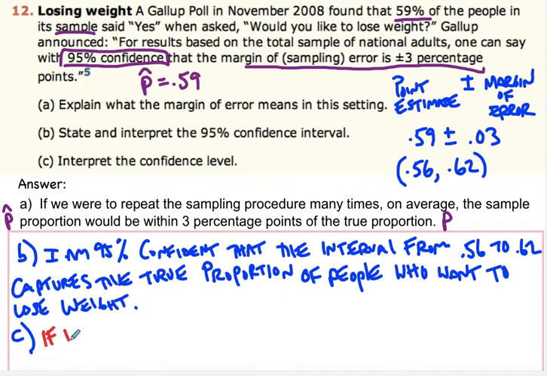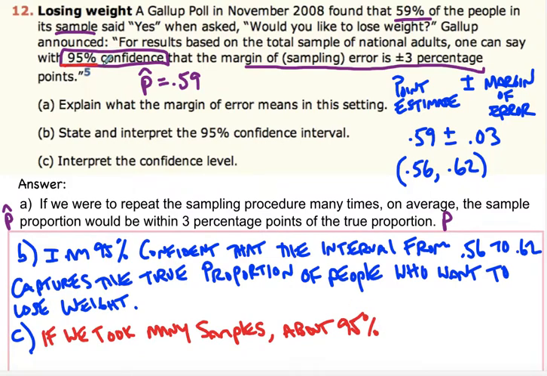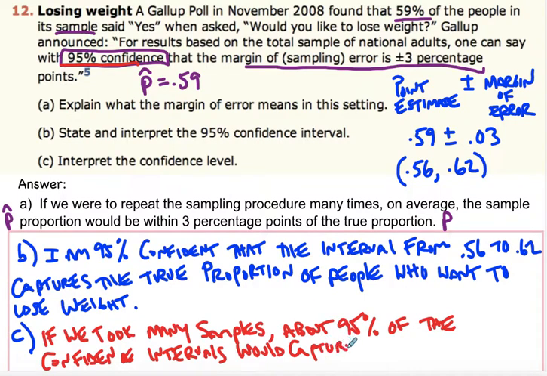If we were to take many samples, about 95%, because that's our confidence level, about 95% of the confidence intervals would capture the true proportion of those who want to lose weight.